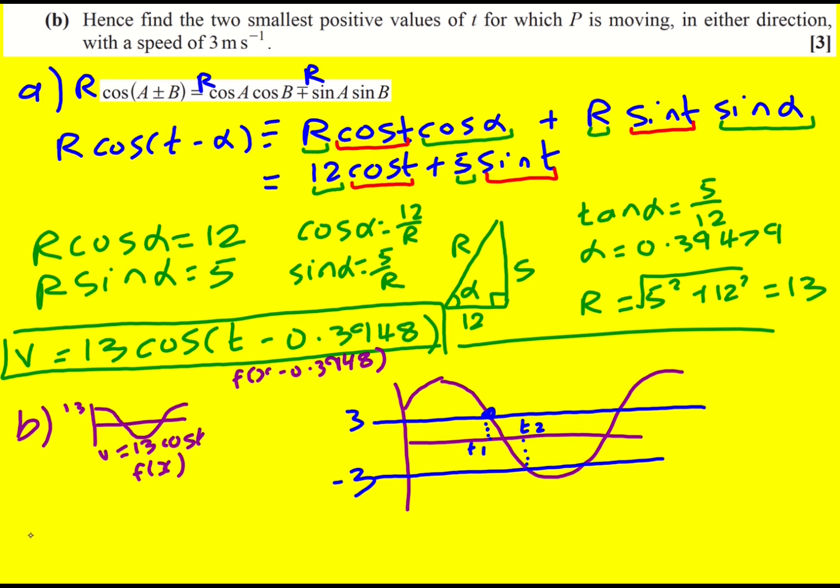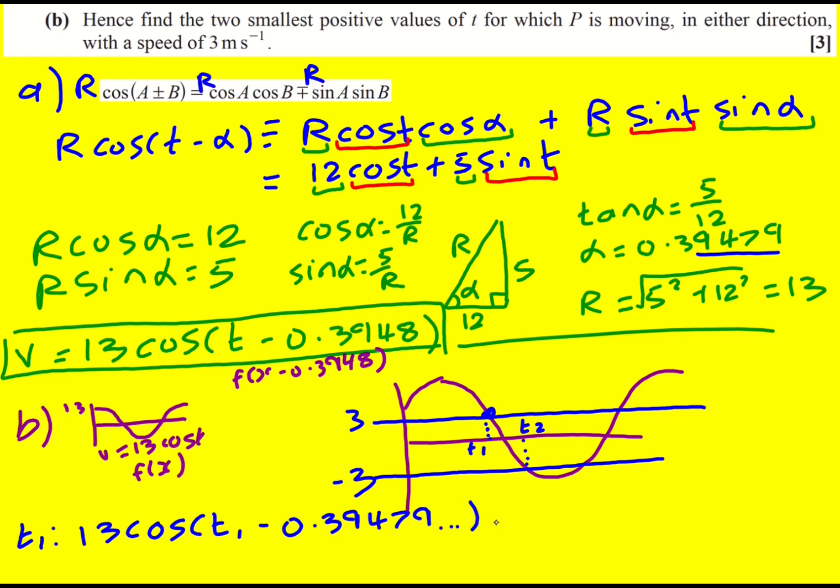So for t1, we're going to get 13 cos(t1 minus 0.39479) equals 3. I always use the full value at this point, even though we rounded it here. I mean, we're working to enough accuracy if we give our final answer to three significant figures.